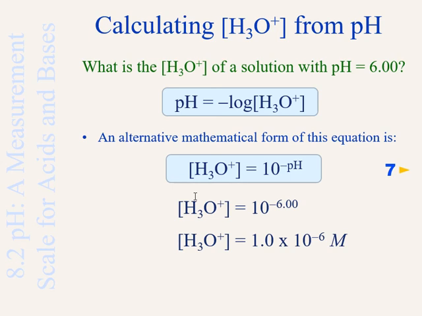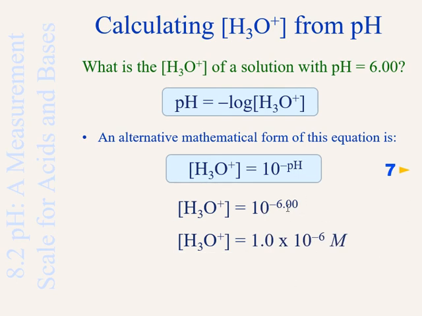So if I have a pH such as pH equals 6.00, I would use the negative of that as an exponent over the base 10. So 10 raised to negative 6.00. When you do that in your calculator, you will get an H3O+ concentration of 1.0 times 10 to the negative 6 molar.